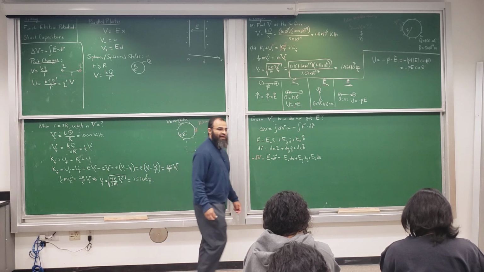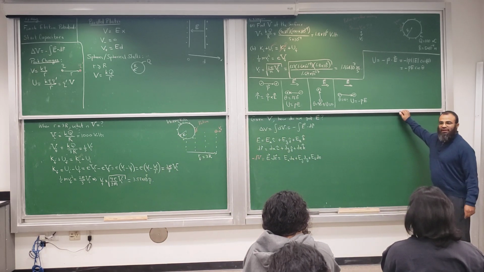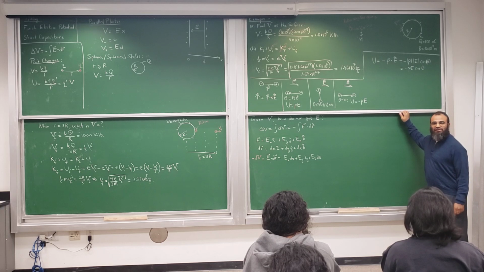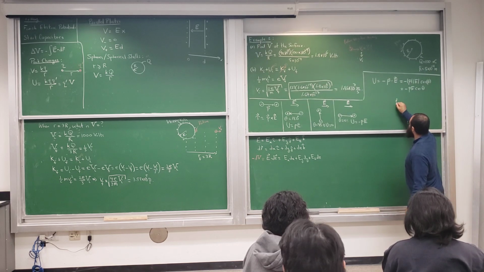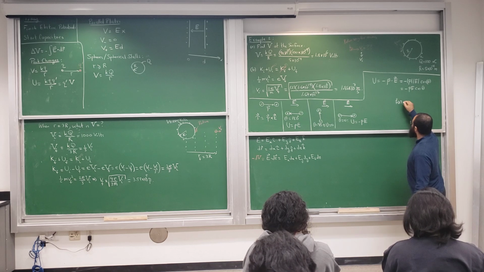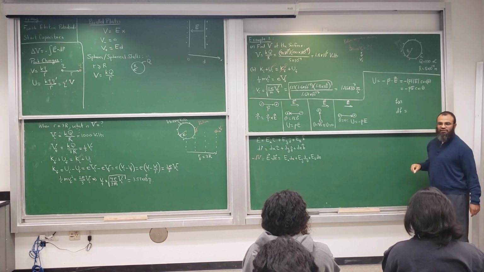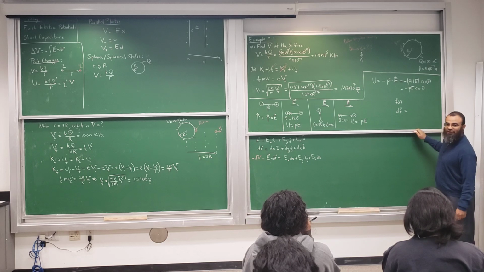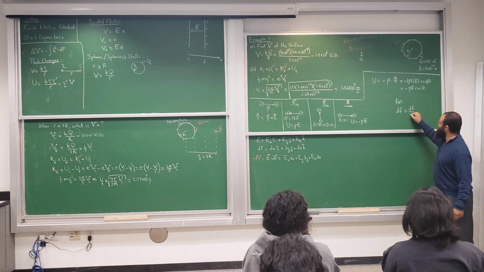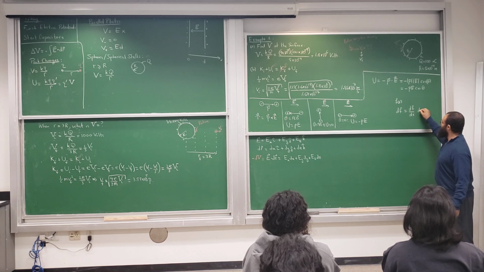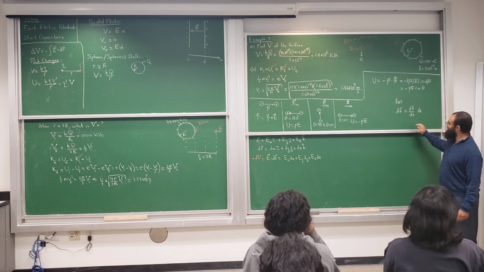So far, we're just playing with symbols. Let me ask you a question here. If you have a function f of x, just a single variable, how do you find df? What's df? It's df/dx times dx. That's the differential df.